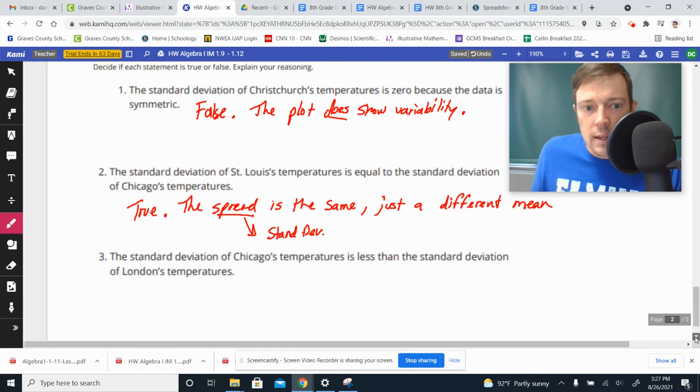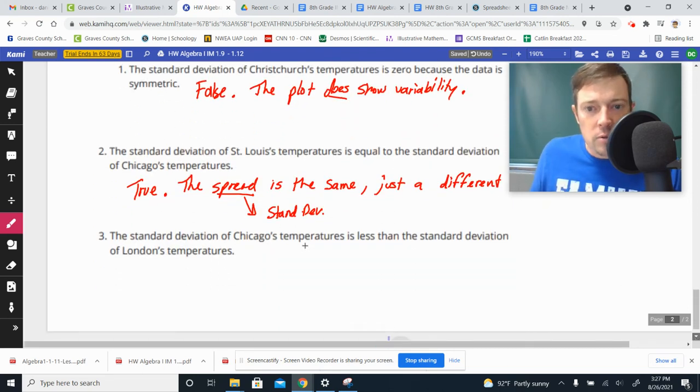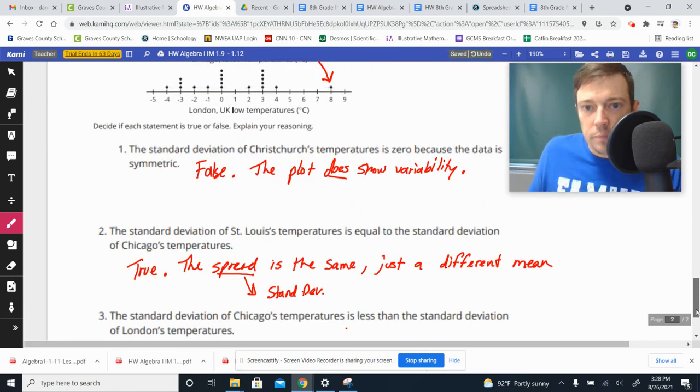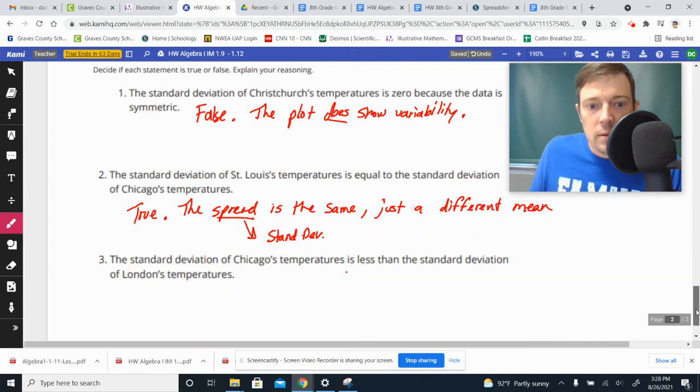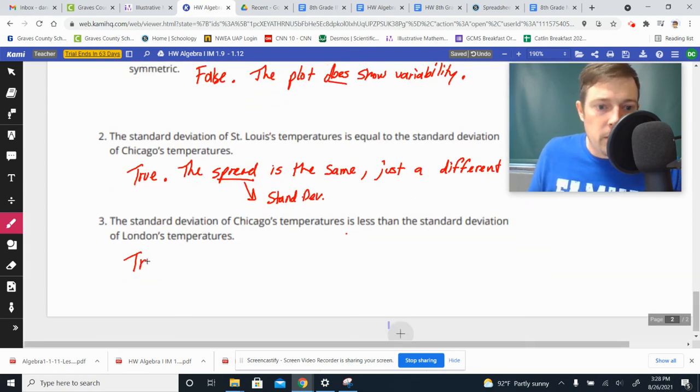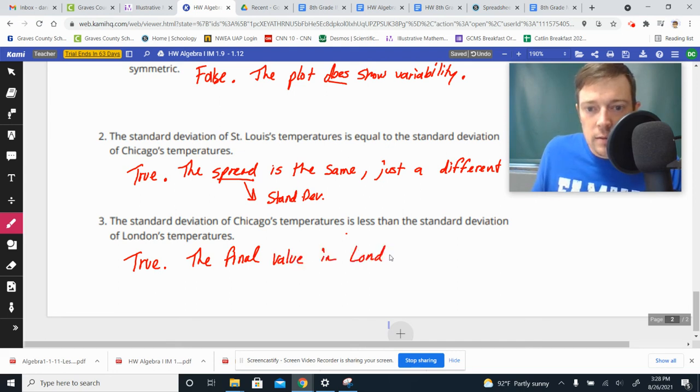Let's look at the statement. It said the standard deviation of Chicago's temperature is less than the standard deviation of London's temperatures. So that is a true statement. And we know that's true because the final value in London is farther from center than Chicago's.